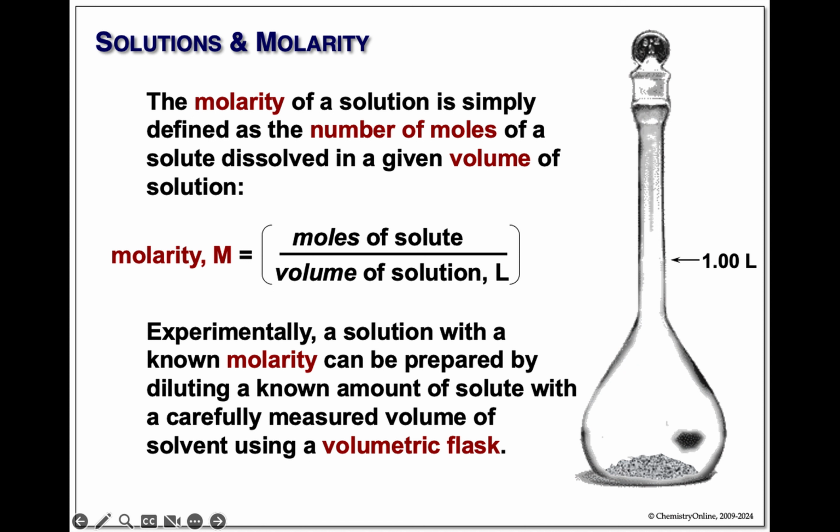Then you very carefully add water in the flask until it comes up to exactly the little line at 1 liter. You know the volume in liters. You know the number of moles because you weighed it out. Therefore, you know the molarity. It's a simple concept.